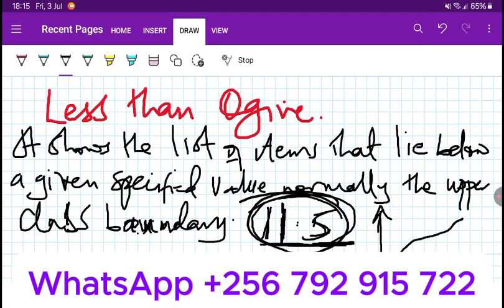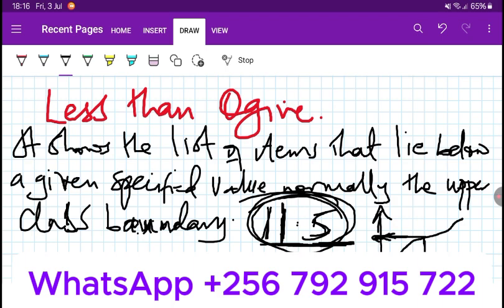If let's say it is 11.5, if it is around here, then you move until it touches the curve, then you move horizontally and you read the value that is here. So the value that is here will be the number of values that are going to be below that certain value they have given to you.